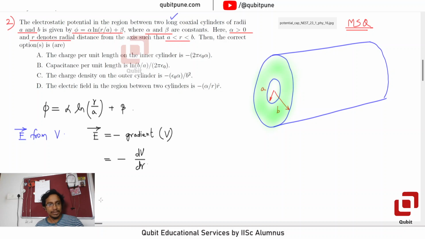So calculate and tell me what comes. Okay, so negative alpha, ln r's derivative will be 1 upon r. A is a constant, so ln's derivative will be 0, beta's derivative will also be 0, and then we have to consider the sign here.